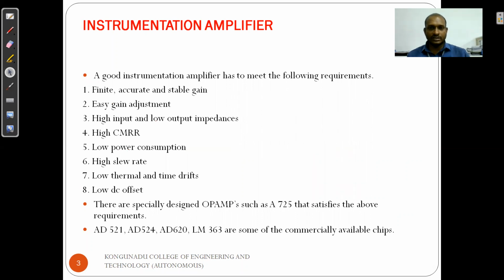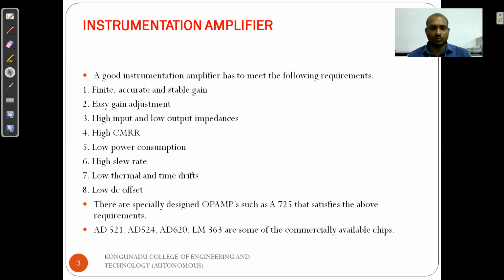This instrumentation amplifier has the following characteristics, or needs to meet the following requirements. The gain of the instrumentation amplifier is finite, accurate, and stable. Easy gain adjustment, high input impedance and low output impedance. It has a high CMRR value. It consumes less power. Slew rate is also high. Low thermal and time drifts.